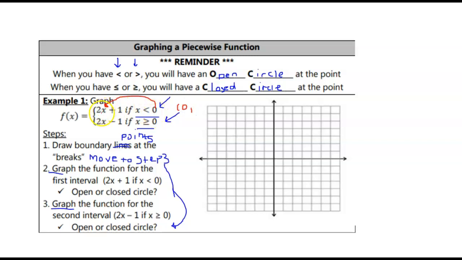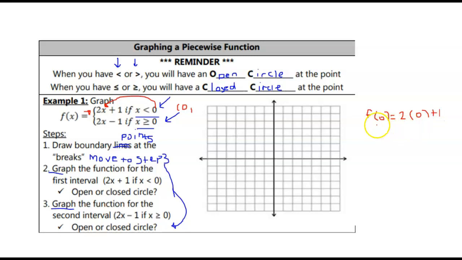I will find f of 0 for the first part of the function. I'm going to find f of 0 for my first piece, which is 2 times 0 plus 1.